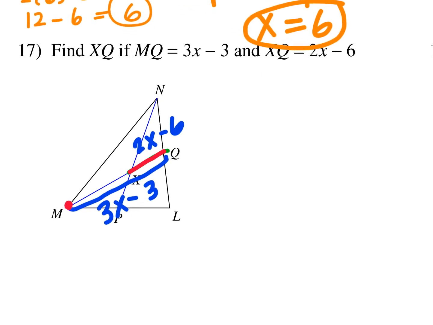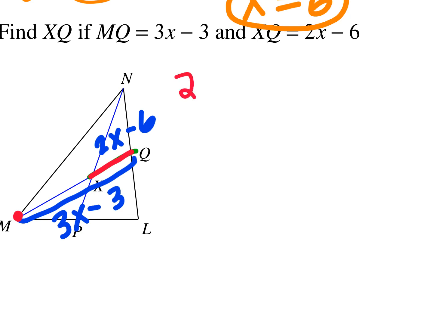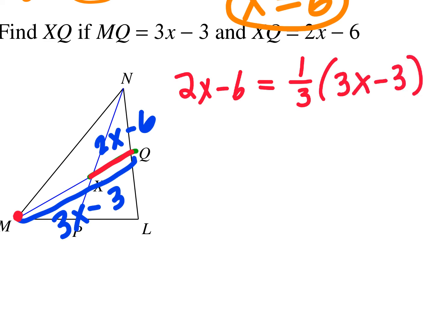So I'm going to do 2x minus 6 equals 1/3 of the entire thing, which was 3x minus 3. Then we will distribute our 1/3. So for now, the left side's going to stay the same. But the right side, 1/3 times 3 is 1.